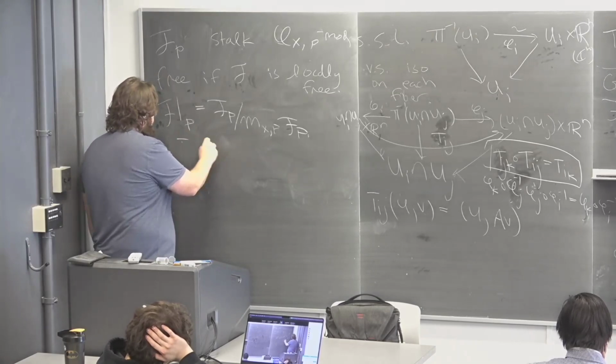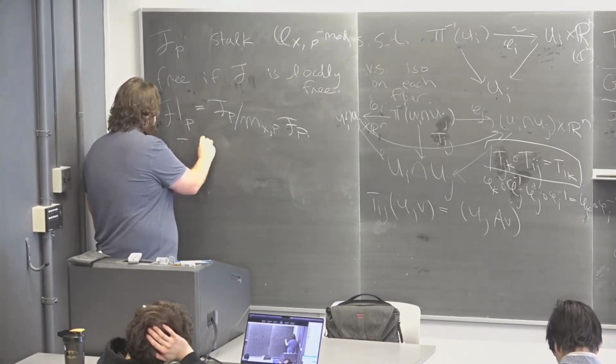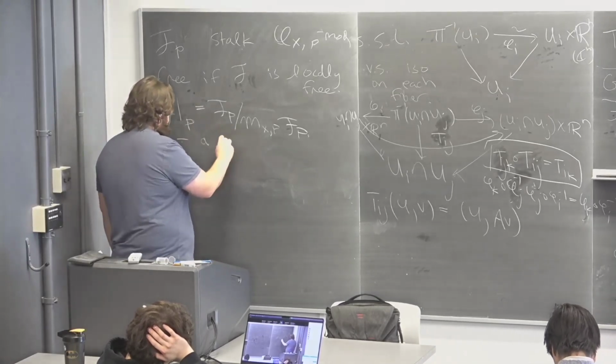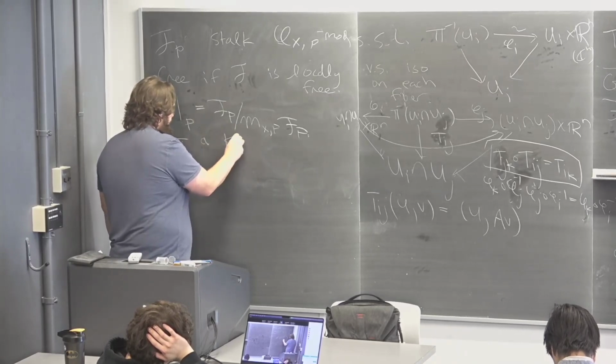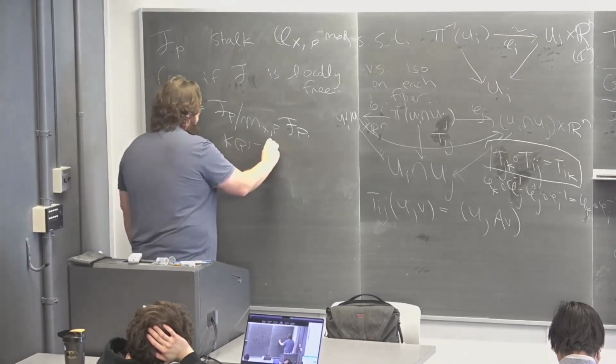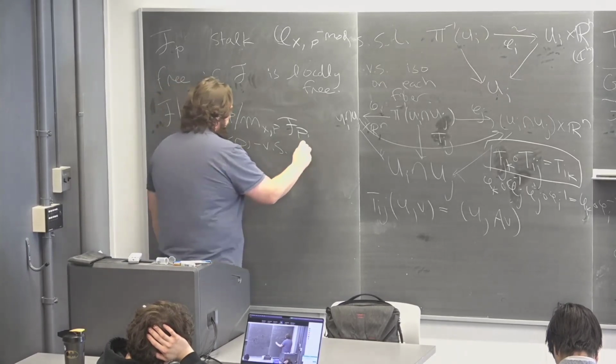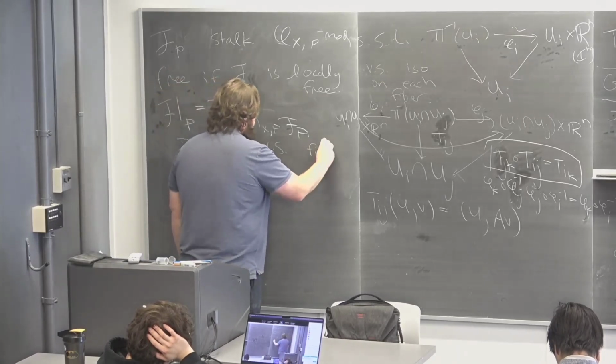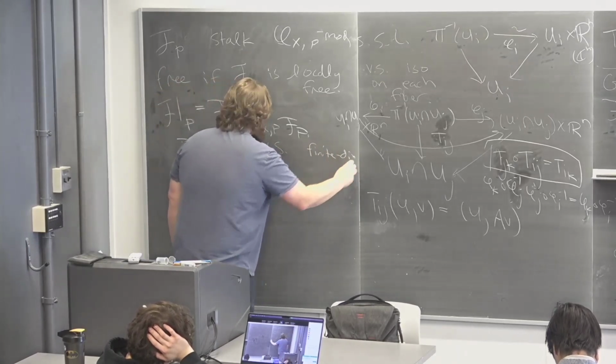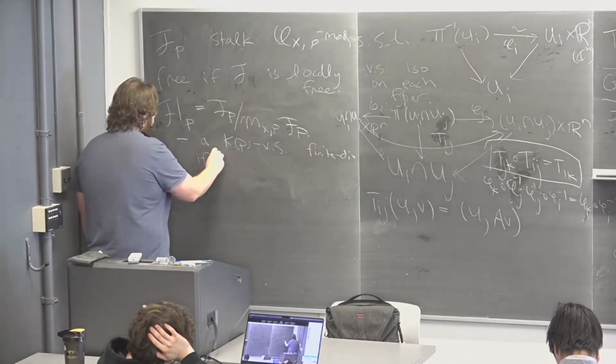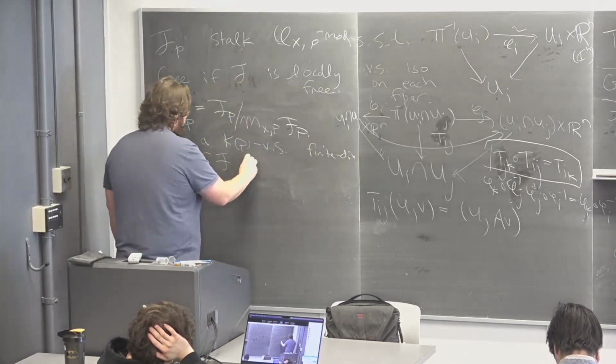So this is a k(P) vector space, finite dimensional. F is coherent.